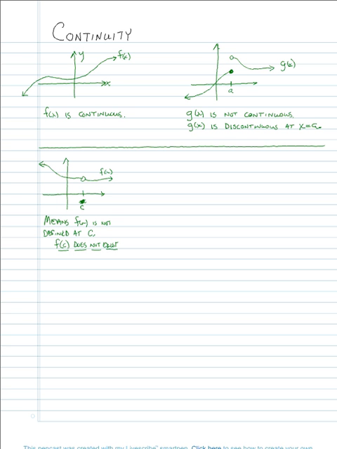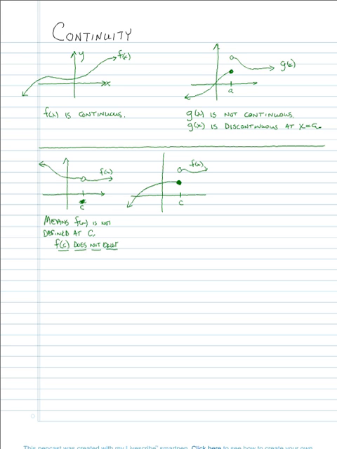Another bad situation is when the graph doesn't necessarily just have a hole in it, but there's a break in the graph. So once again, let's suppose that our x value that's c is about right here. And we see a graph, in this case, kind of like what we had above. It comes along and stops at c, and then it jumps up and starts again. So maybe this is the graph of f of x.